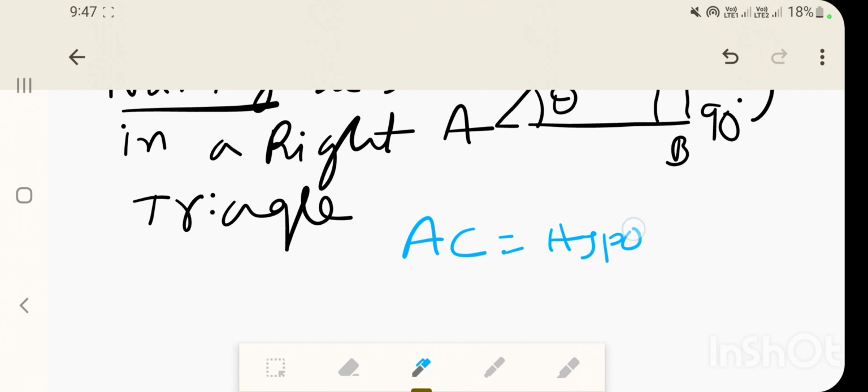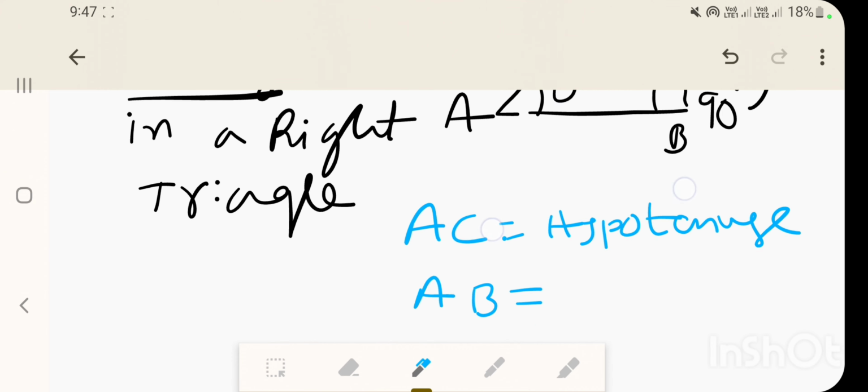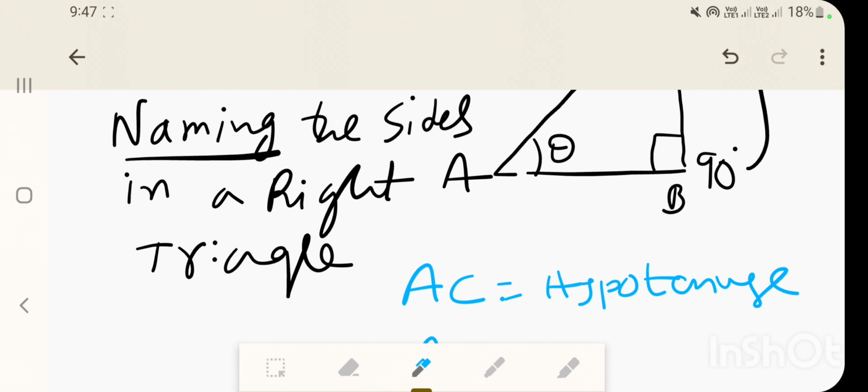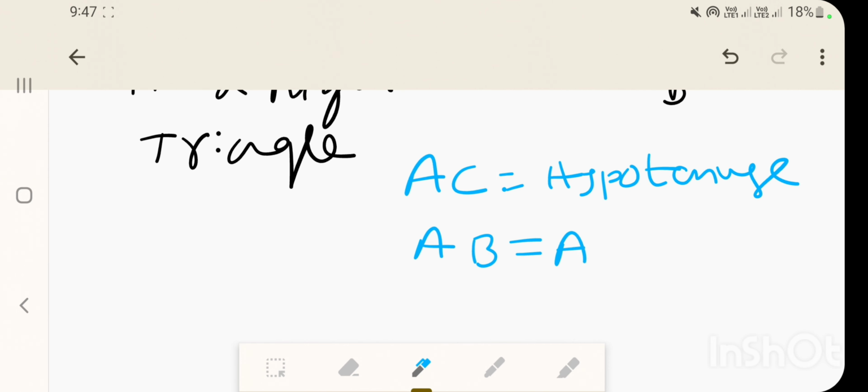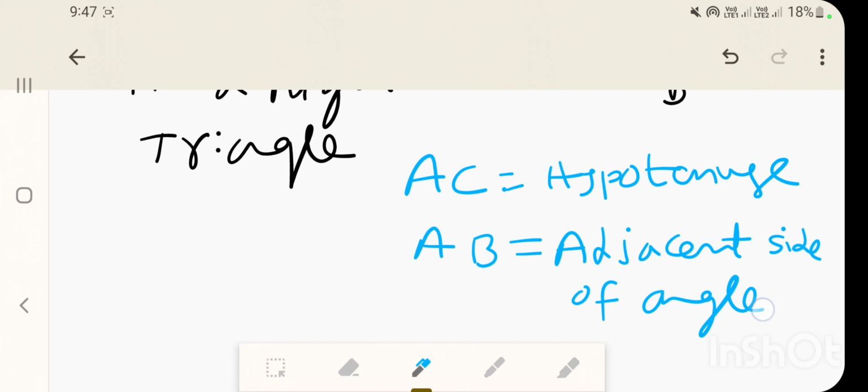And the other two sides which we have here, AB is called the adjacent side of the angle A. AB, which I am marking with the blue color, is the adjacent side of the angle A, theta here.